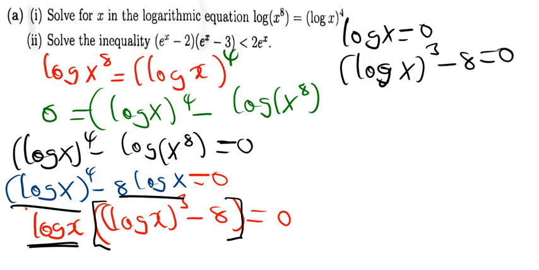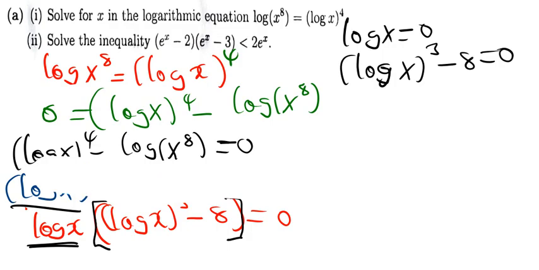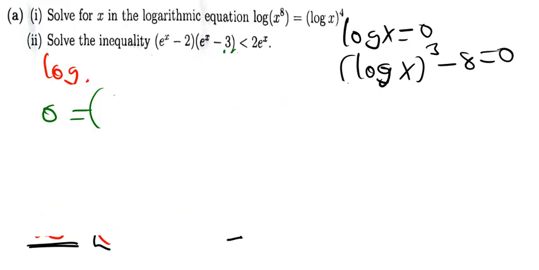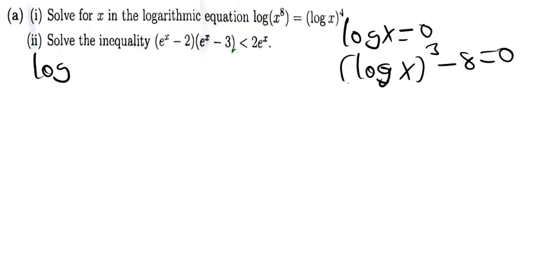Let's first deal with the first part. So the first part, guys, which is log x is equal to 0. If you have log and they have not indicated the base, it is always base 10.